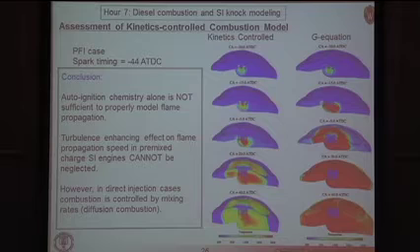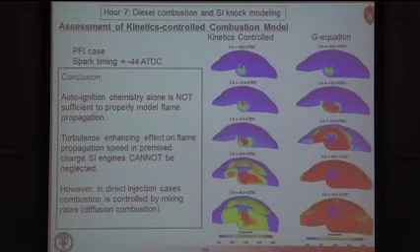So if you have an engine where flame propagation is the dominant mode of combustion, you cannot just rely on using chemical kinetics to describe combustion. So the turbulence enhancing effect on the flame propagation speed in premixed charge engines cannot be neglected.